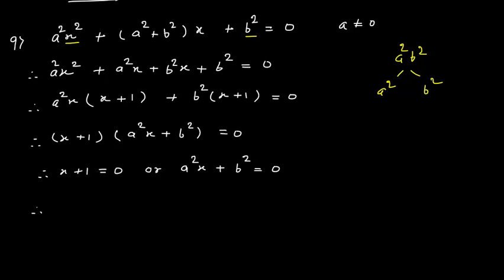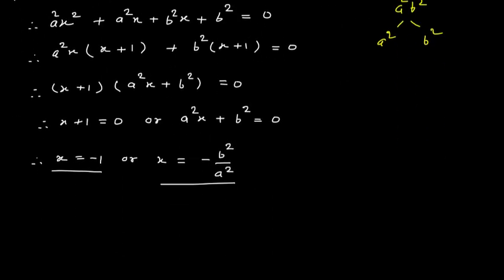So it will give me x is minus 1, or it will give x is minus b square upon a square. So x is minus 1 or x is minus b square upon a square. This is your 9th question.